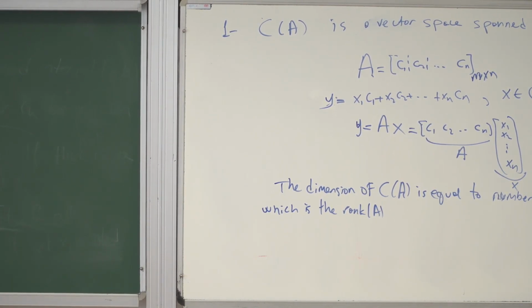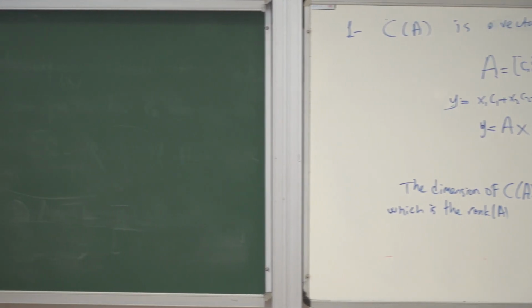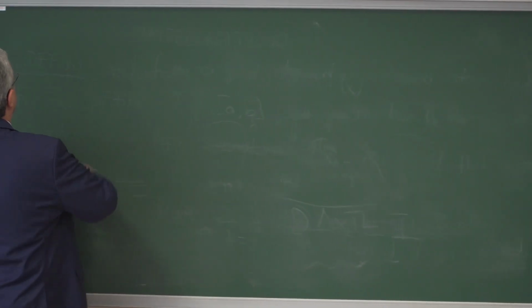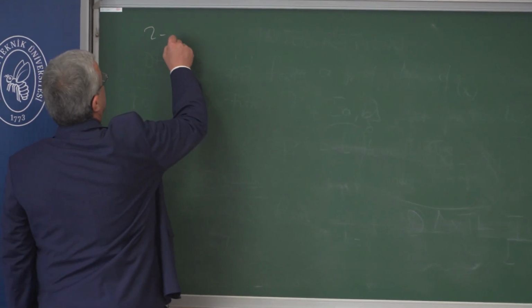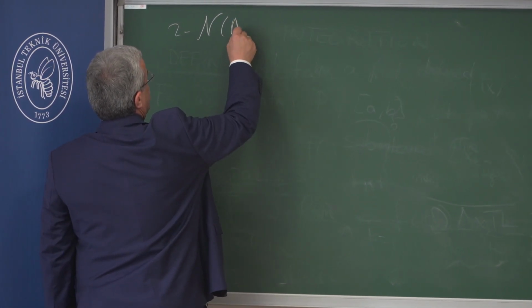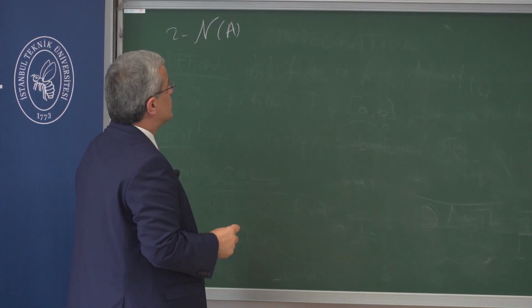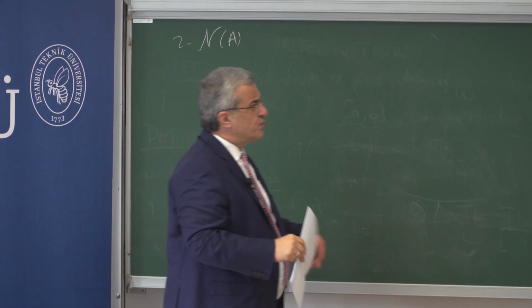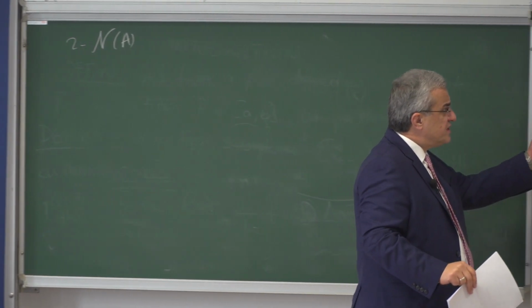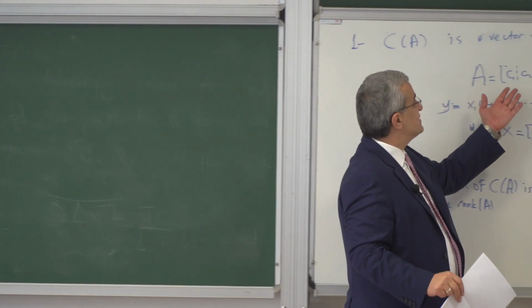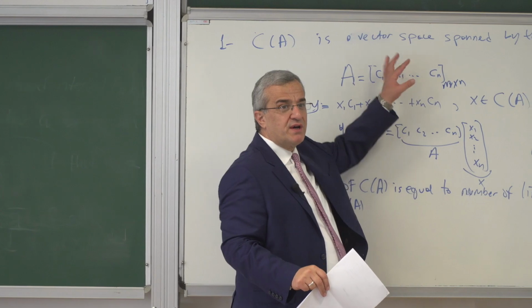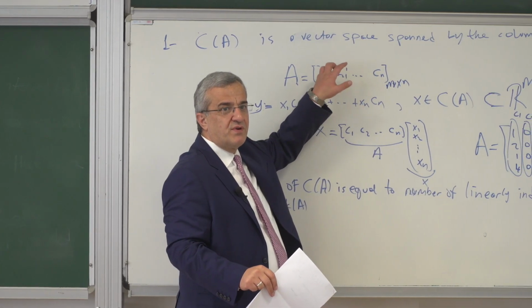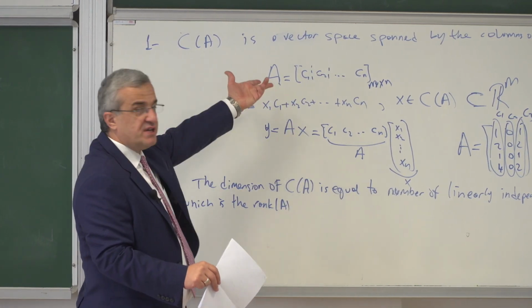Now, what is the second one? Null space of A. So what is null space of A? The column space of A is defined as the subspace spanned by the columns of A. So it is explicit. We see it, okay?